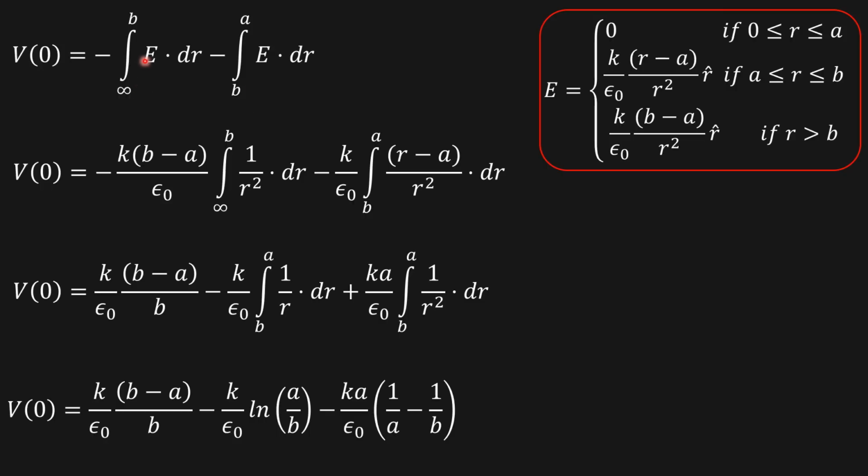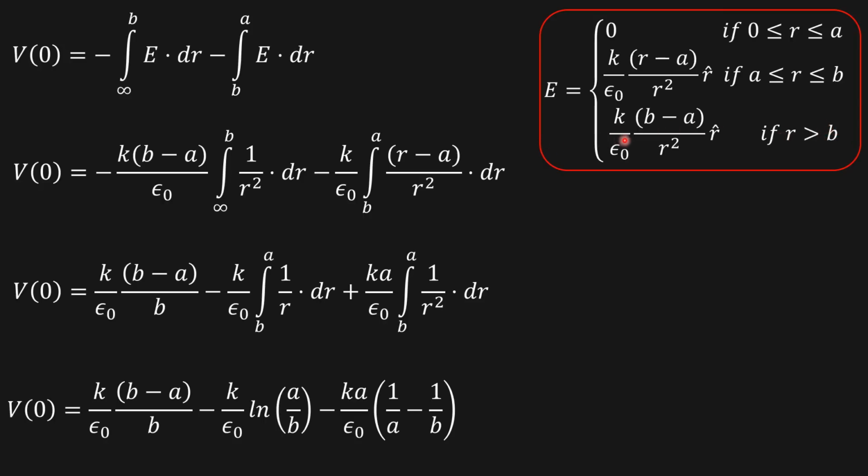Now you replace the E value. It is given in the problem, the electric field outside this sphere, that is r greater than b, where b is the outer radius of the outer sphere.